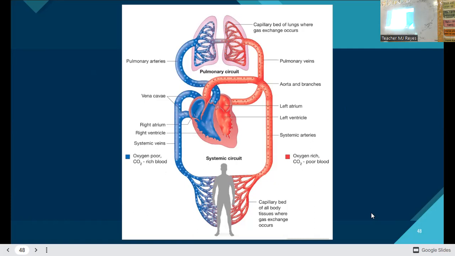This is another semi-lunar valve. Again, we need valves in order to prevent backflow. From the left ventricle, blood is pumped to the aorta, but it needs to pass first the aortic valve. After passing the aortic valve, blood will go to the aorta. This is the largest artery in the body, and it branches into all parts of the body.